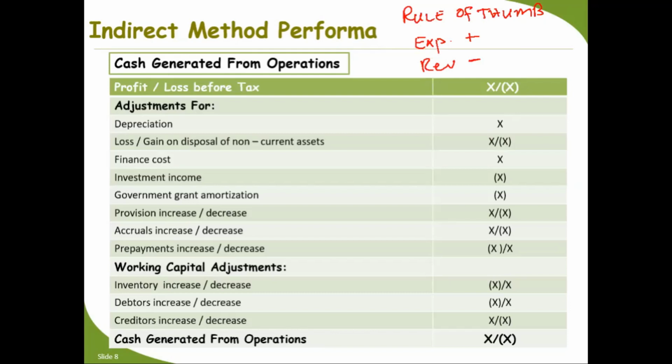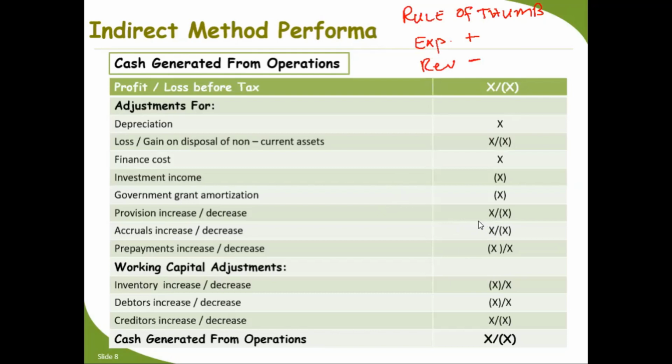Now, if there is an increase in provision or decrease in provision, now all current liabilities related items: if liabilities will increase, there is a deferment of payment. It means you have an inflow.